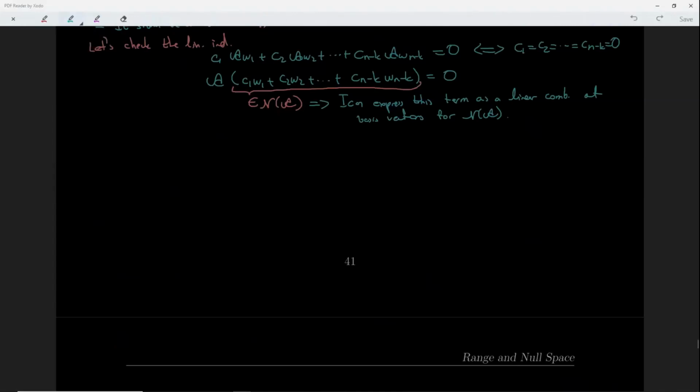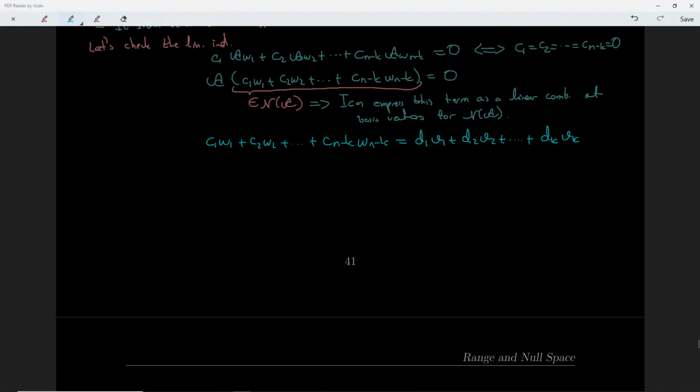I can write C1 W1 plus C2 W2 plus ... Cn minus k Wn minus k as a linear combination of V1, V2, up to Vk, with some coefficients: D1 V1 plus D2 V2 plus ... Dk Vk. Good.